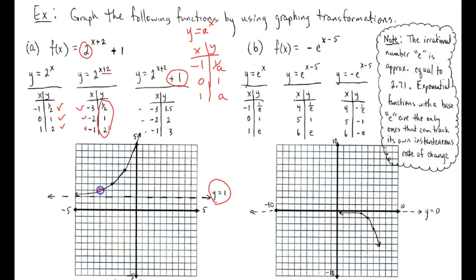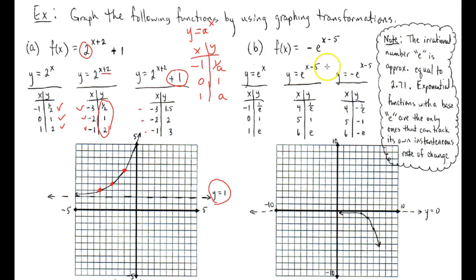So this here is the point (-3, 1.5). The next point here at 2 will be the point (-2, 2). And this last one here corresponds to the point (-1, 3). And of course, our horizontal asymptote is at y equals 1.